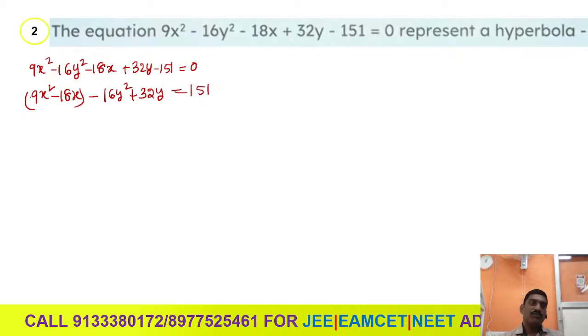So 9 take out common, x square minus 2x, minus 16 take out common, y square minus 2y, which is equal to 151.